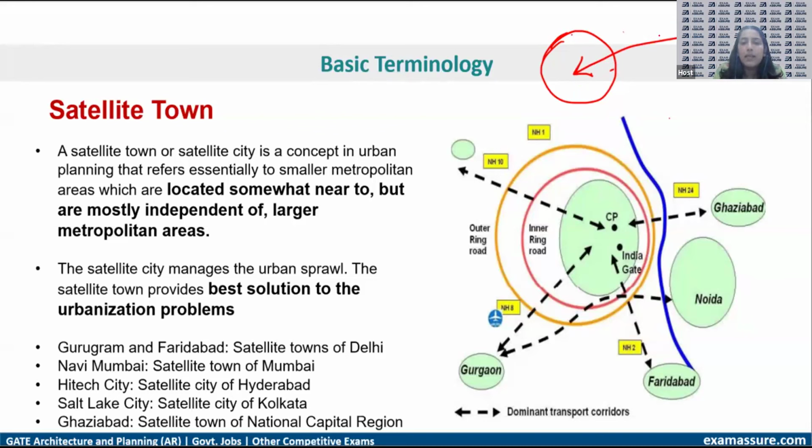So that interdependency is there. Now, if you take the example in India, Delhi and its surrounding cities, let's say Ghaziabad, Noida, Gurgaon, there is some interdependency and hence these could be called your satellite towns. Other than that, Navi Mumbai or Salt Lake City, or Ghaziabad for the NCR region, act as your satellite towns. Okay.